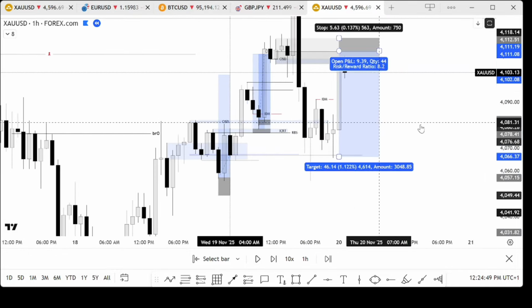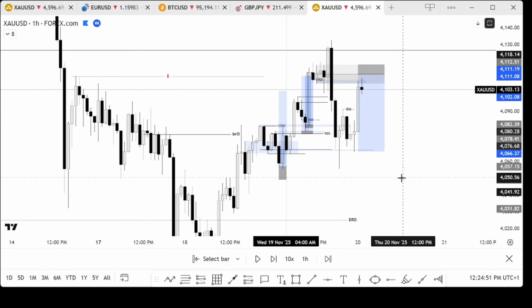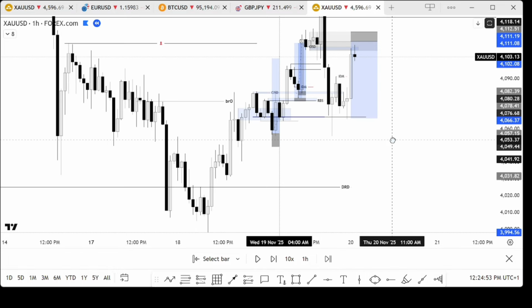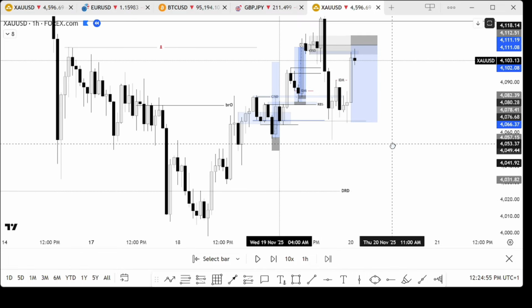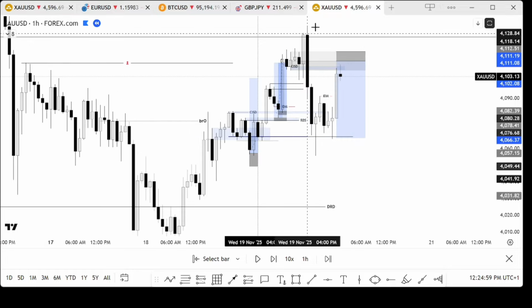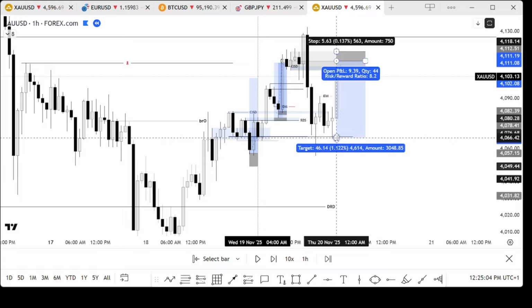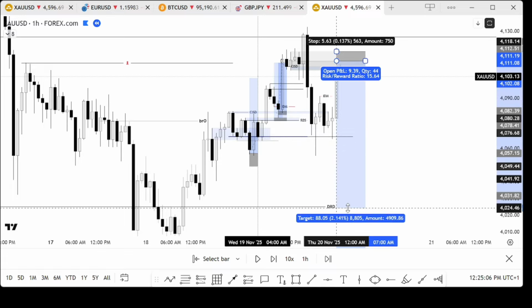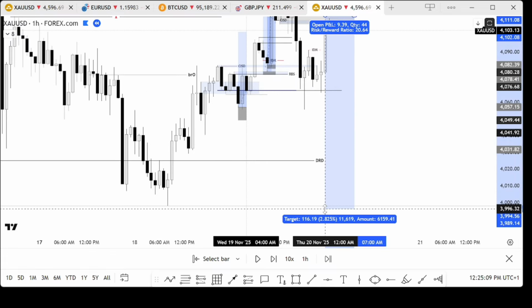So it's all about understanding what is happening and how best you understand it. Because this is a daily storyline, we can as well target even as far as this low, so long as we don't have an opposing structure yet.